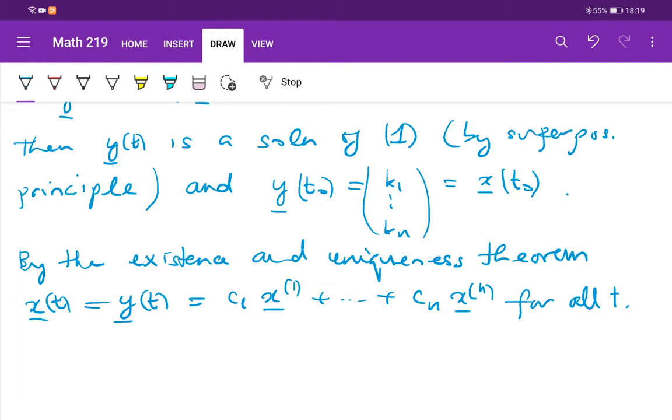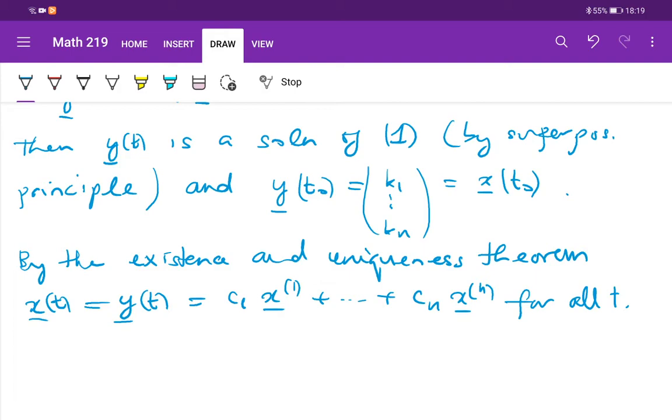They satisfy the same equation, and at t0 they have the same value, so they must agree. So every solution certainly is a linear combination of x1 up to xn.